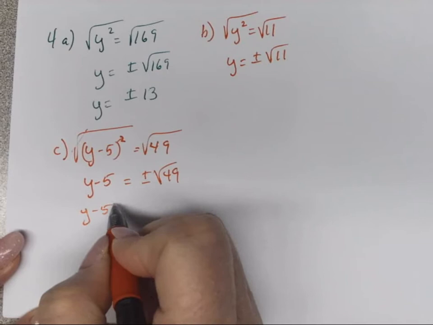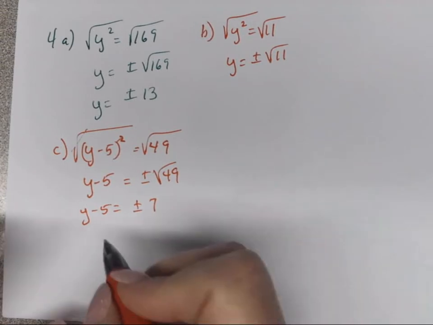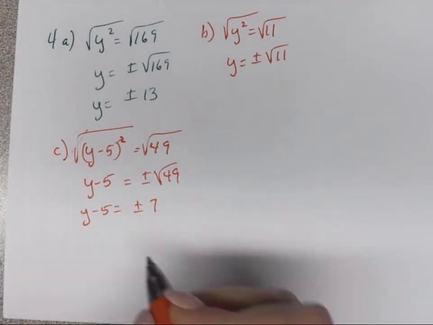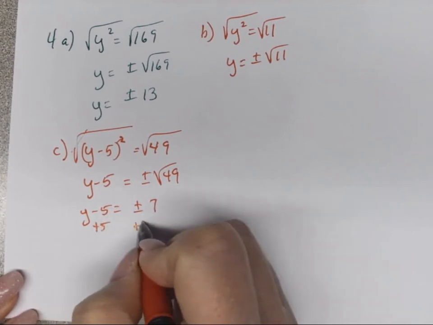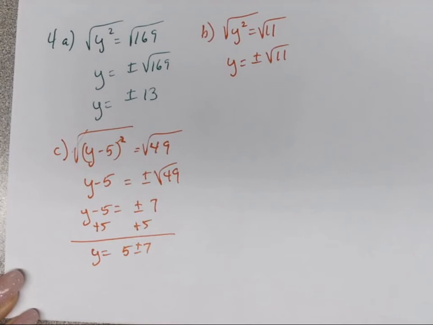So y minus 5 is equal to plus or minus 7, because the square root of 49 is 7. Now I'm going to add my 5 over to the other side to solve for my y. And I get y is equal to 5 plus or minus 7.